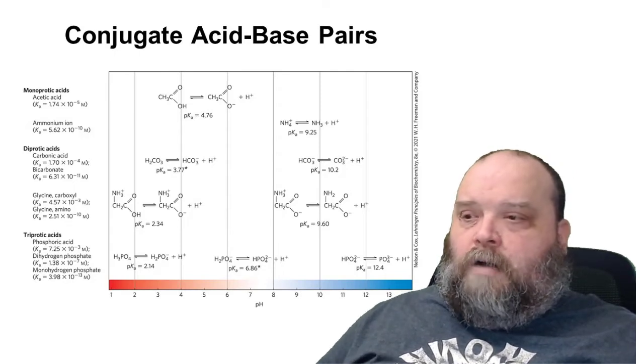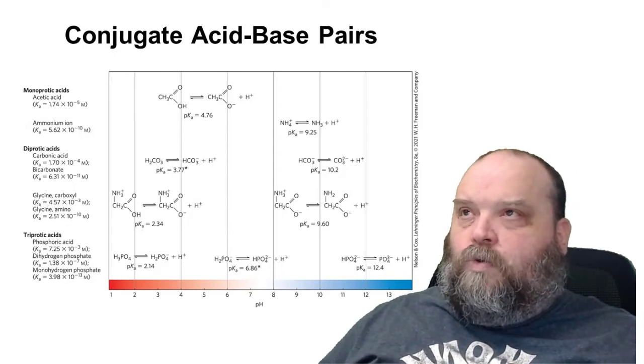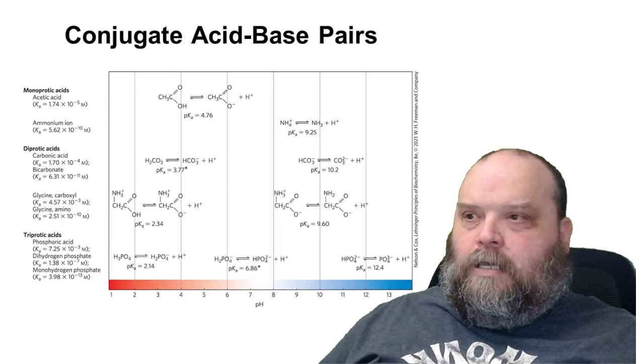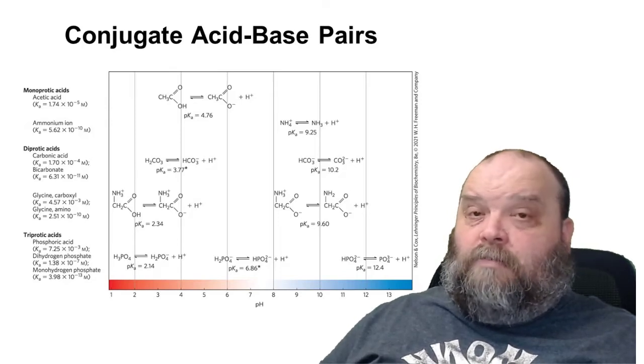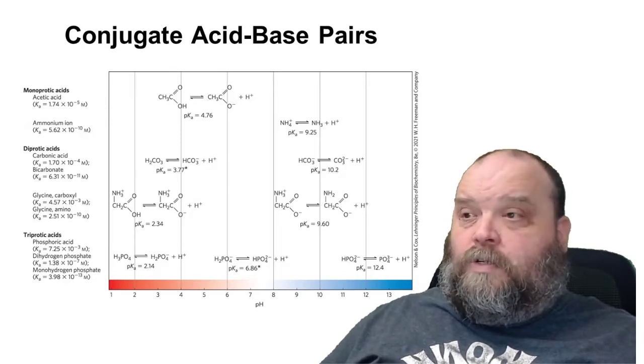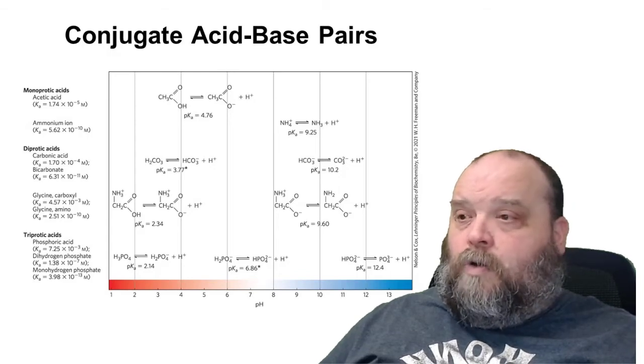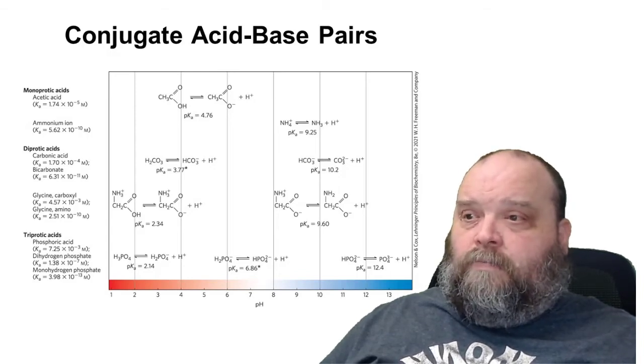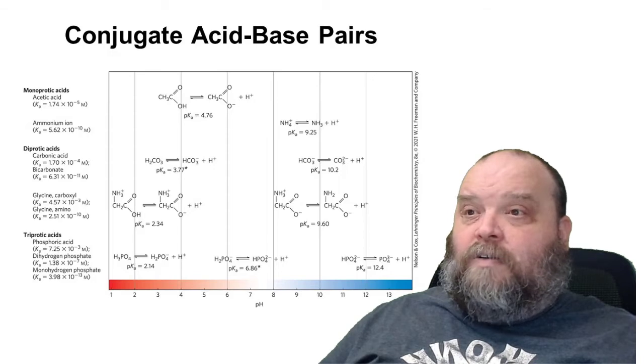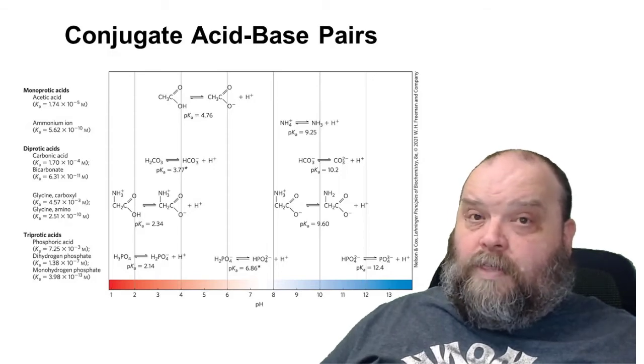Turns out our bodies are going to utilize this in our cells. Turns out, in the different organelles in your cell, the ER, the Golgi, and certain vesicles, pH is not going to be near neutral like everything else.